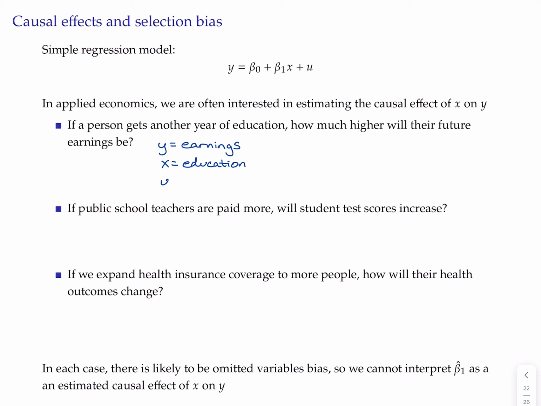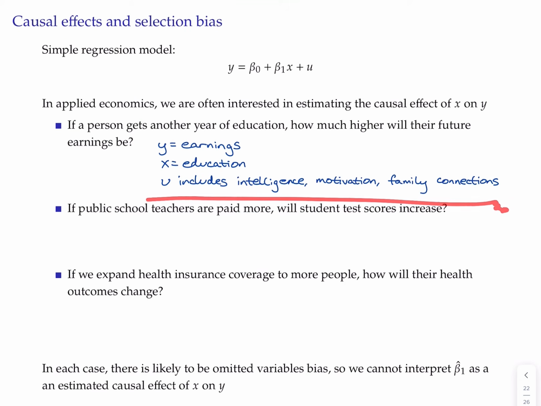The unobservables, u, would include things like intelligence, maybe the person's motivation, and maybe something like parents or other family members, like connections in the labor market that might influence job opportunities and eventual pay levels for the person. This is an incomplete list, of course, but these are some important factors that are in the error term in our regression.